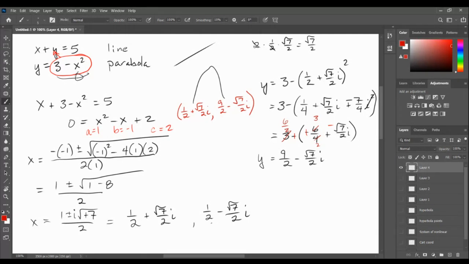Then we would plug in this x value in here, square it, and really the only thing that's going to do is make this negative, which makes that positive. So that second point would be 1/2 minus root 7 over 2 i, and 9/2 plus root 7 over 2 i.